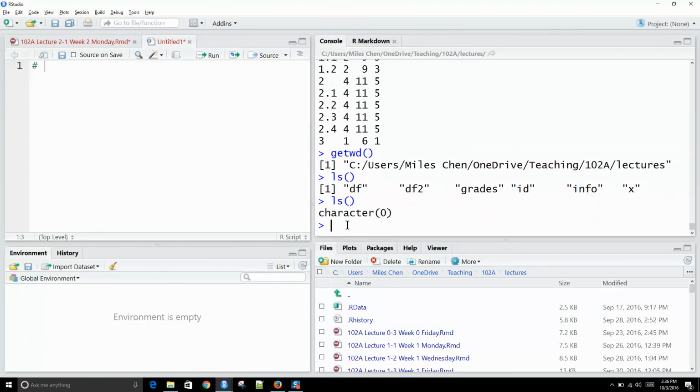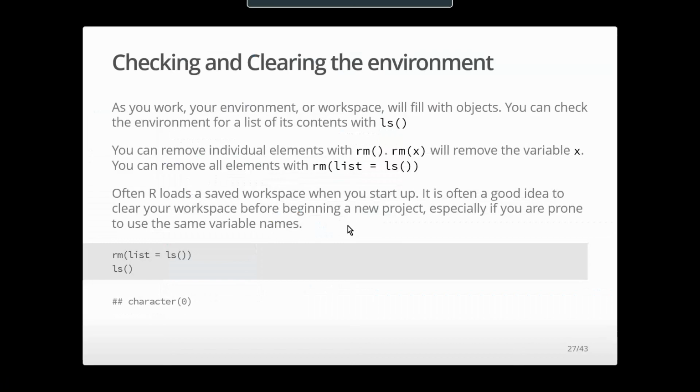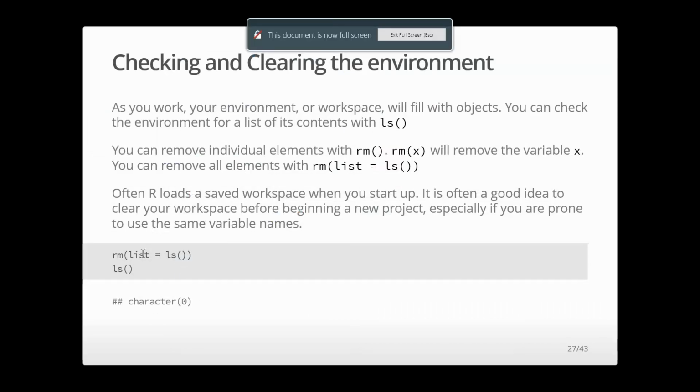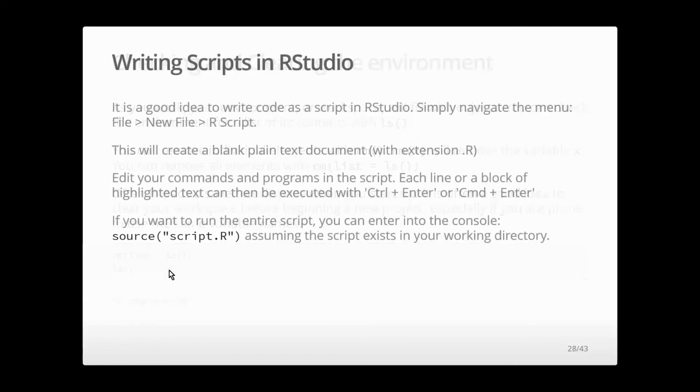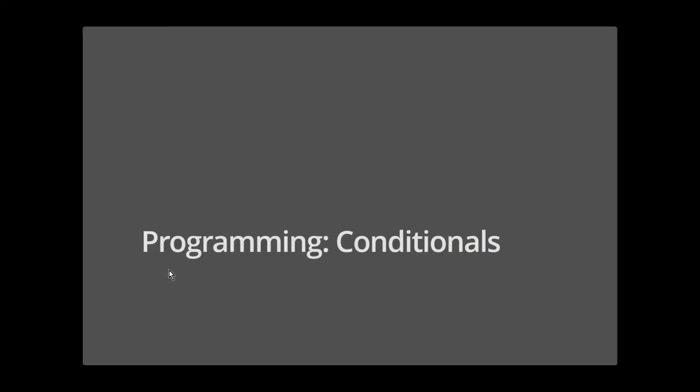And then when you call ls there, it's going to say character 0, meaning a character vector with 0 entries in it. The other thing is you can do rm list equals ls, and it's basically saying take the names of everything that's listed in the directory space and then remove all of those things. Yeah, writing scripts. I think you guys know this.